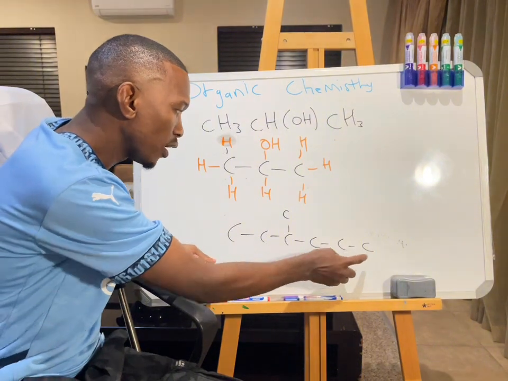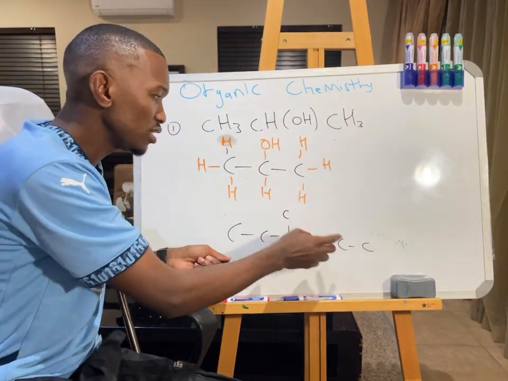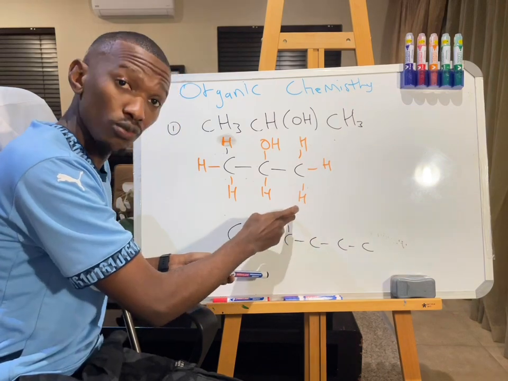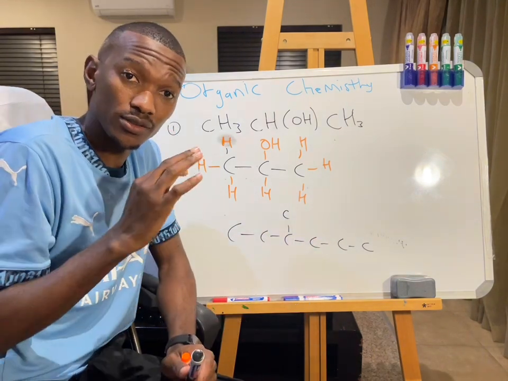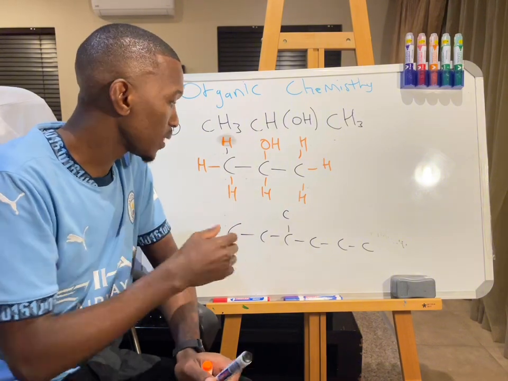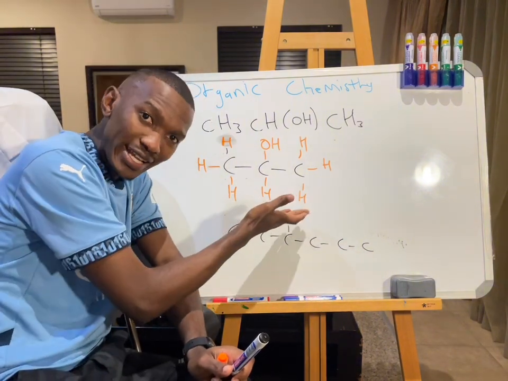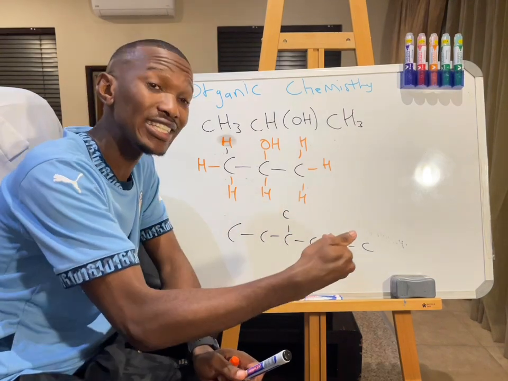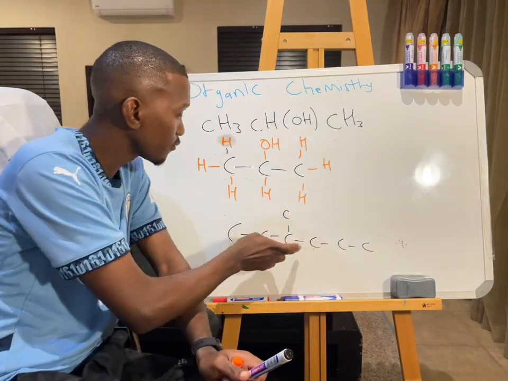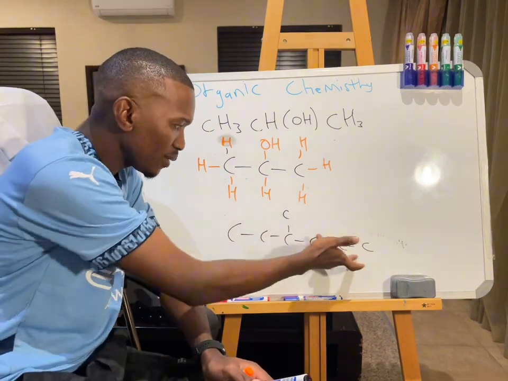When we go 1, 2, 3, 4, 5, it breaks, so I'm not supposed to go like that. I'm supposed to find the longest chain without breaking, like this: 1, 2, 3, 4, 5, 6. Then this is my longest chain.